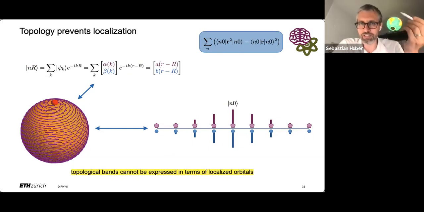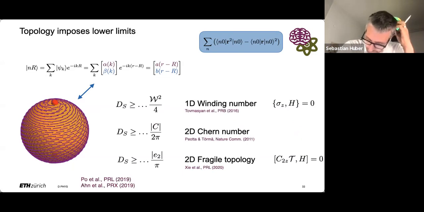I think that's a very important message, and we all should know that. Most probably we all knew that. But the moment there is a link between the localization of my Wannier functions and topology and the superfluid weight, I know that the superfluid weight will be bounded by something that is related to my topological index. And indeed, that's what people have derived over and over again.